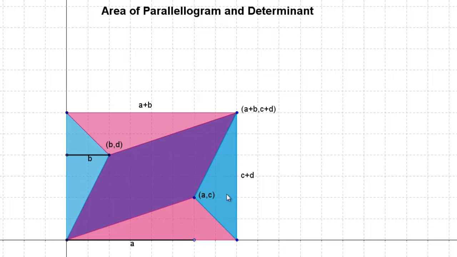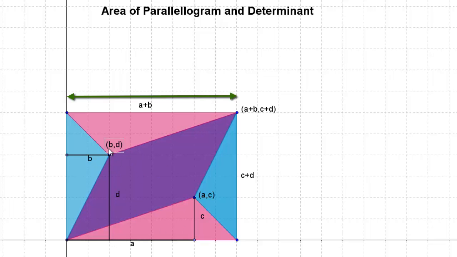Because you can see these 2 blue triangles are mirror images of each other after rotation. Therefore, this entire distance along the x-axis is A plus B. In a similar way, the vertical distance of that entire rectangle is equal to C, the y-coordinate of this point, plus D, the y-coordinate of this point.